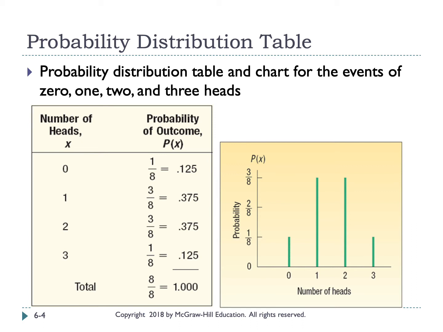It results in 8 different outcomes. The event of 0 heads showing could happen 1 of 8 ways, so its probability is 0.125. 1 head was 3 of the 8, as was 2. And then 3 heads was only 1 of the 8. Again, if we add all those up, you see that it is mutually exclusive and exhaustive, and the sum of the probabilities does equal 1.